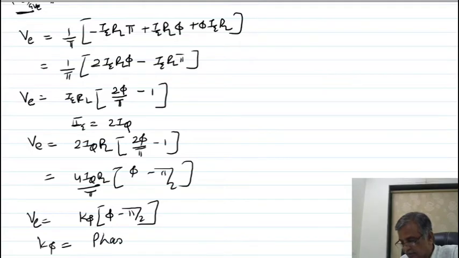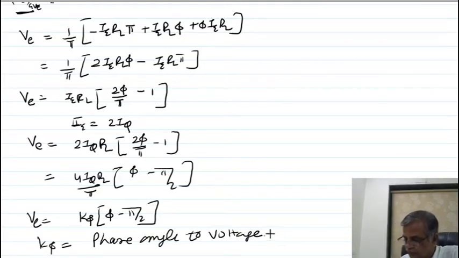It is the phase angle to voltage conversion ratio.